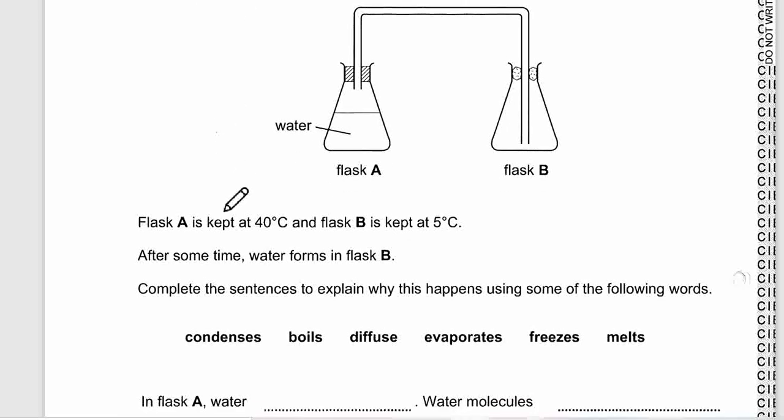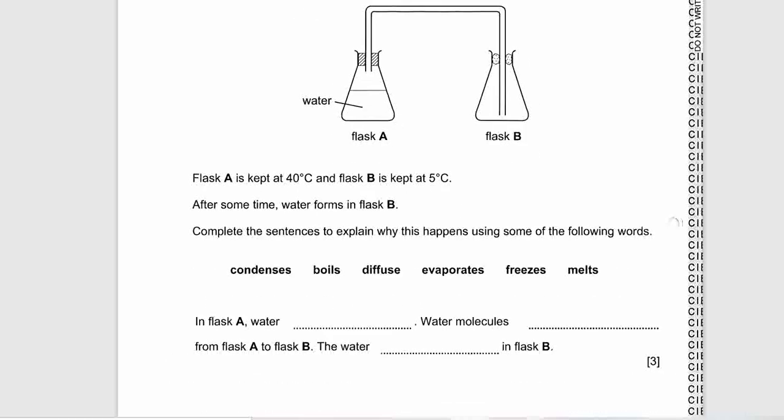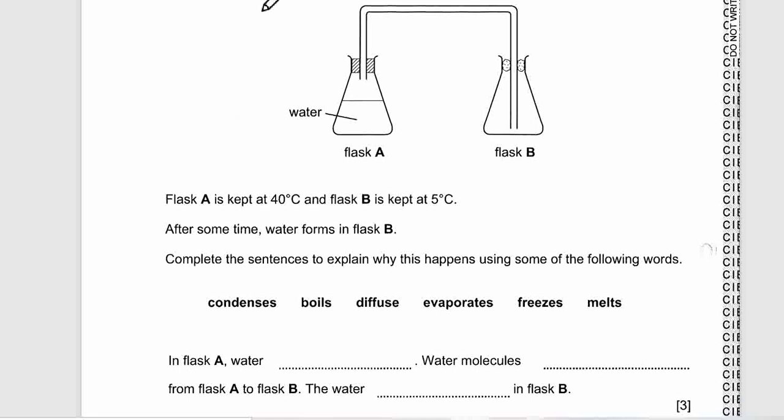After some time, water forms in flask B. Complete the sentences to explain why this happens using some of the following words: condenses, boils, diffuse, evaporates, freezes, melts. In flask A, water blank, water molecules blank from flask A to flask B. The water blank in flask B.